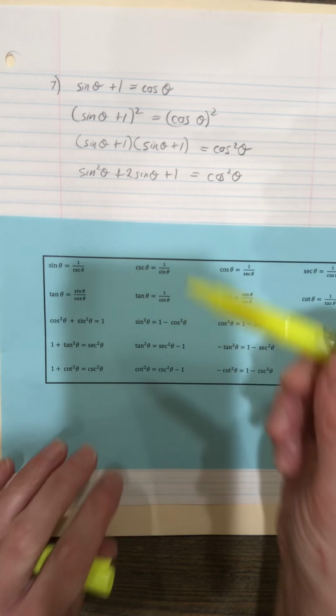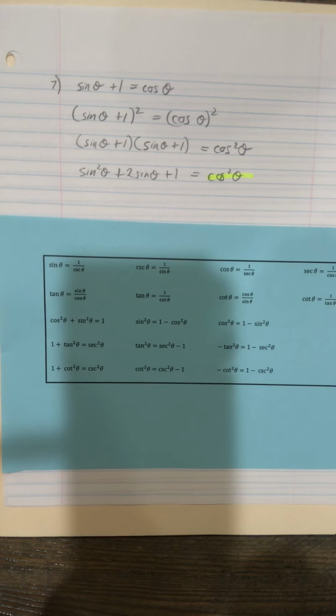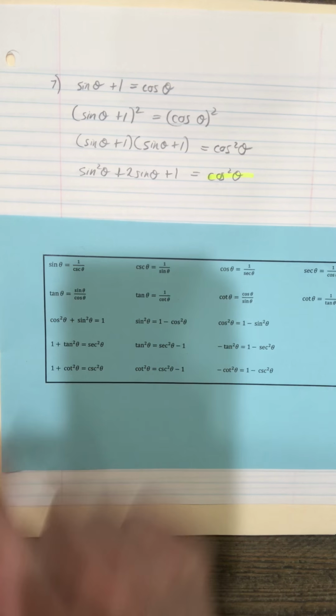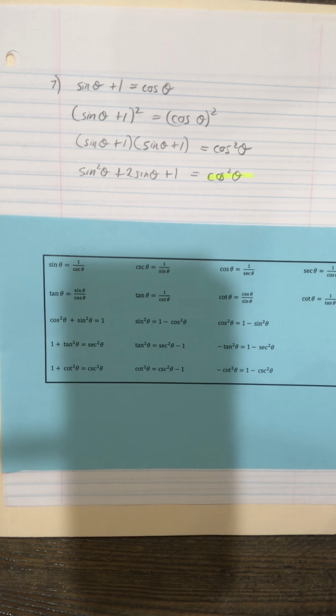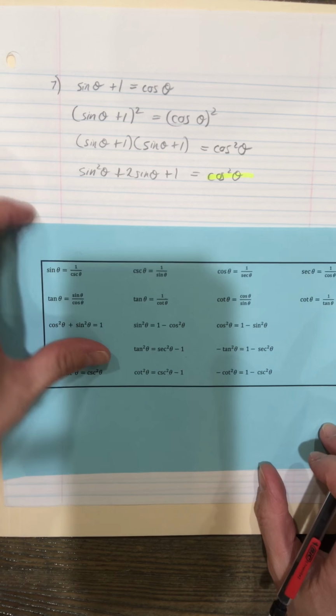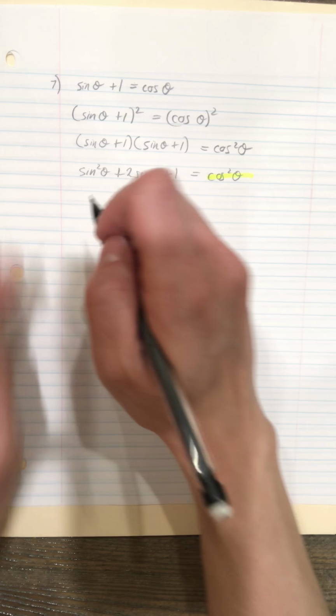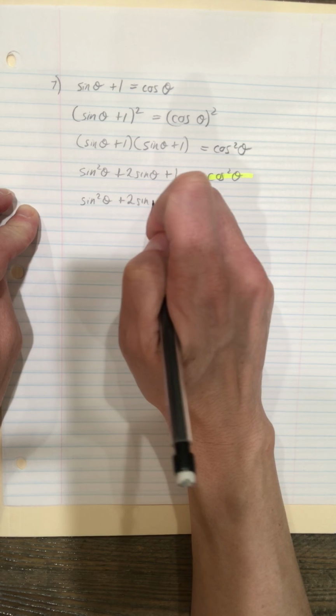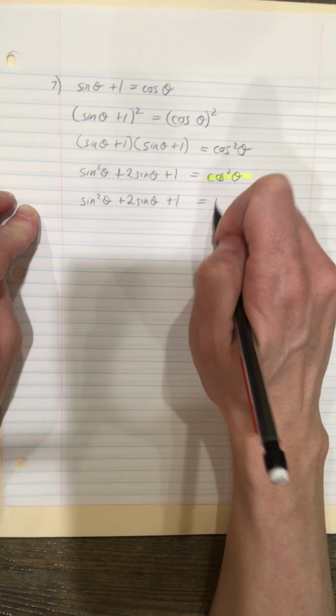I am substituting in for my cosine squared because there's only one term with cosine. Here I have two terms with sine, so it would be more difficult. So that means I'm plugging in 1 minus sine squared in for cosine squared. So I have sine squared theta plus 2 sine theta plus 1 equals 1 minus sine squared theta.